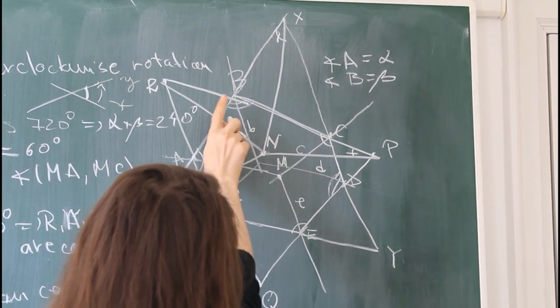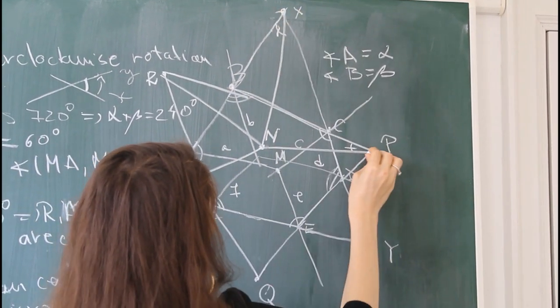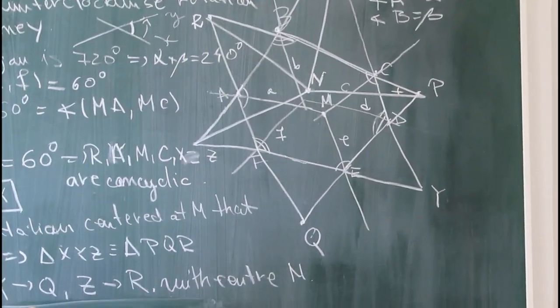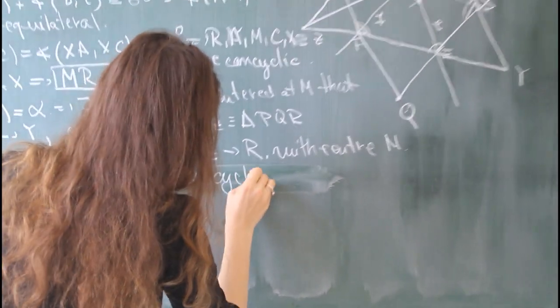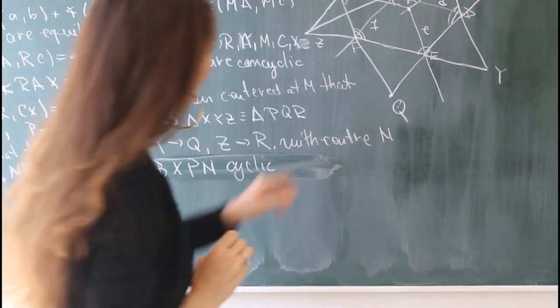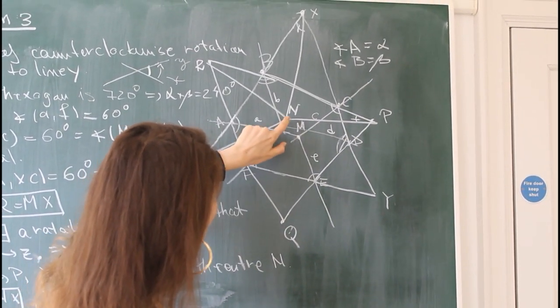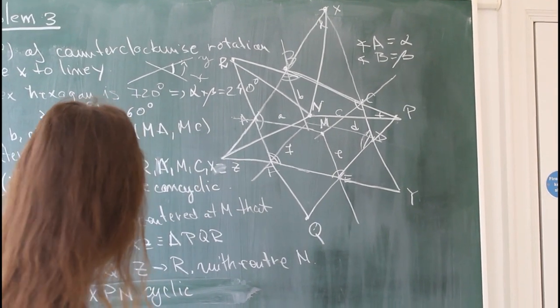So we have this quadrilateral here, BXPN, which is cyclic, and we also know that NX equals NP.